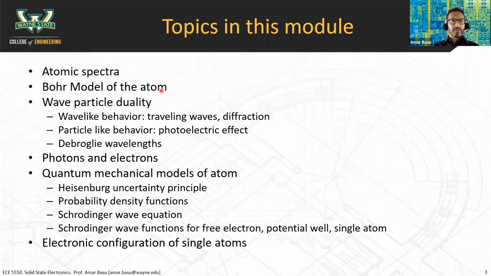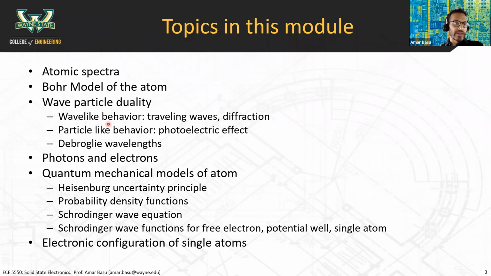So going from the Bohr model, by the way, is just where electrons are orbiting the nucleus at a specific radius. We'll talk specifically about that. Then we'll get into wave-particle duality. That's a concept where physicists started to recognize that sometimes light and electrons behave like waves.